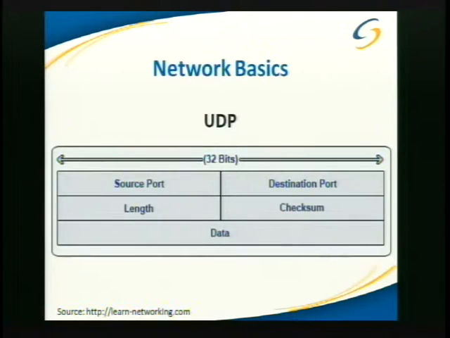And as you can see, it's a lot simpler than TCP, right? In TCP you had all those cool flags, and you had the windows, and all types of fun fields, and in this you're just getting a source port, a destination port, length, a checksum, and the data. So not a whole lot going on in a UDP datagram, which is what it's called.